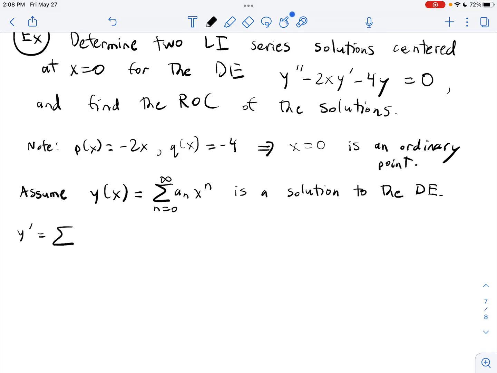Again, like before, I'm going to start my summation at 1, because we know that n equals 0 is going to give us 0, so we don't need to put it. We're going to re-index this because we want it to be an x to the n power. That means I'm going to start at n equals 0 instead, so all of these get 1 added to them, and it's going to be like this.